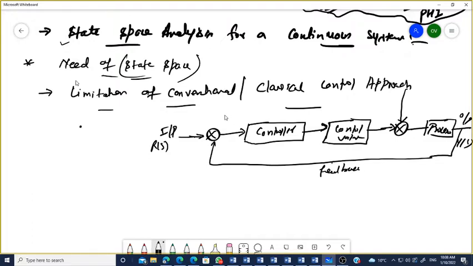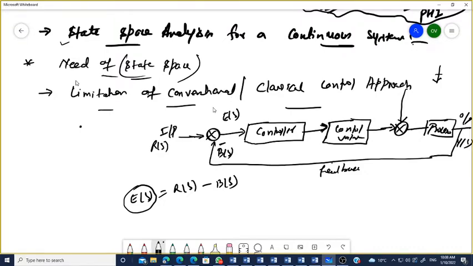The error is generated here in the form of E(s). Let's say this is the signal B(s), the negative feedback is there, so R(s) minus B(s) represents the error. Based on this error, if there is no error, the controller will not act. If the error is generated, then the controller will send the signal to the control valve, what amount of steam is going to move, so that the flow rate can be changed accordingly and the process variable can be controlled.